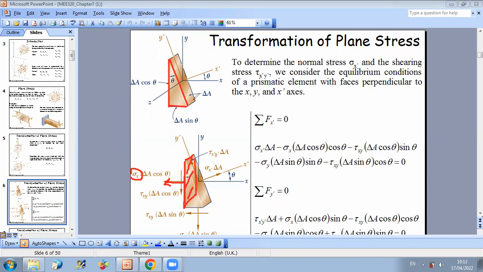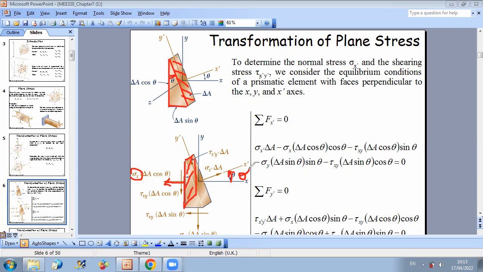The area of this face is determined from the figure here. You know the area of the inclined face of the triangle, and you know that this area is doing the angle theta with the face parallel to y-axis, because as you can see here, when you rotate an angle theta, the angle between x and x prime is equal to theta.